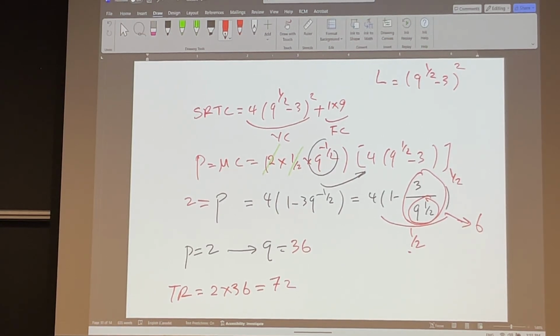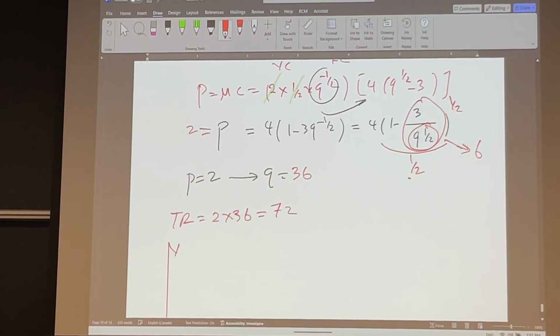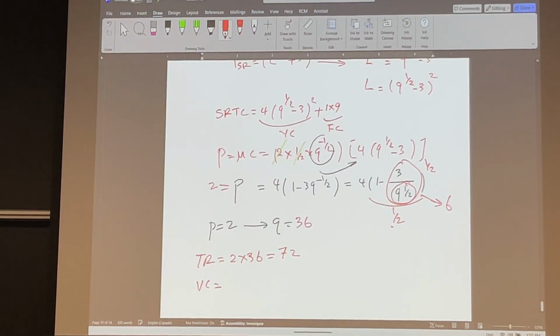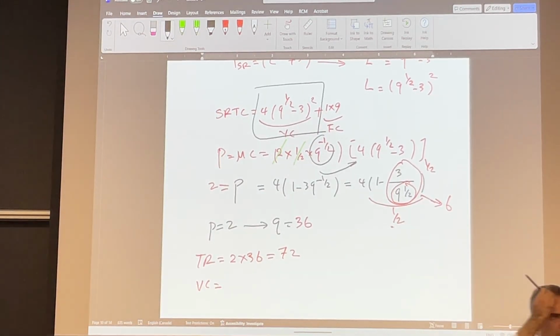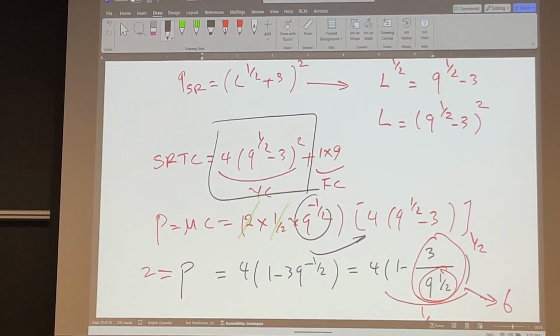The variable cost, I can find it because I have a function for it. If Q is 36, what's the variable cost? This will be 6.